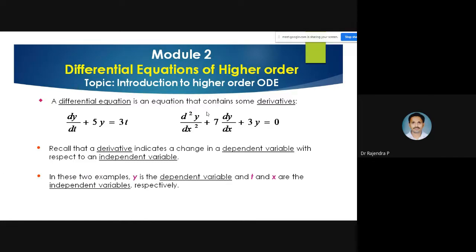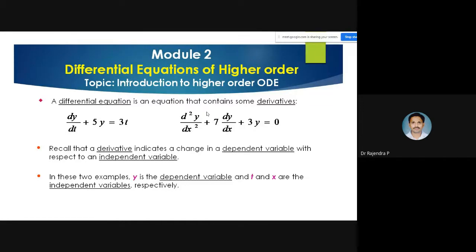In the first equation, depending on t, y is changing. In the second equation, depending on x, y is changing. So in both equations, t and x are independent variables, and y is the dependent variable.